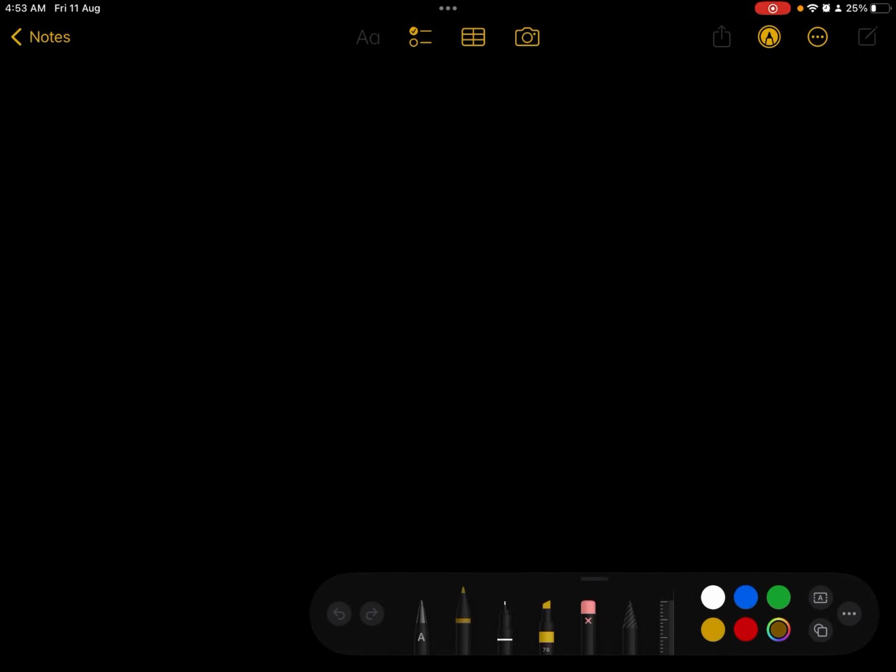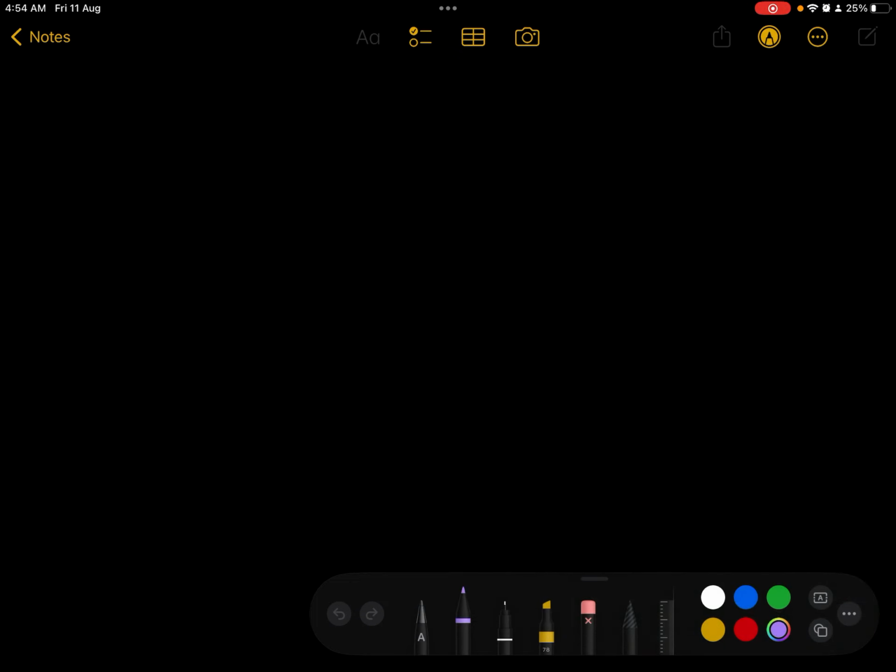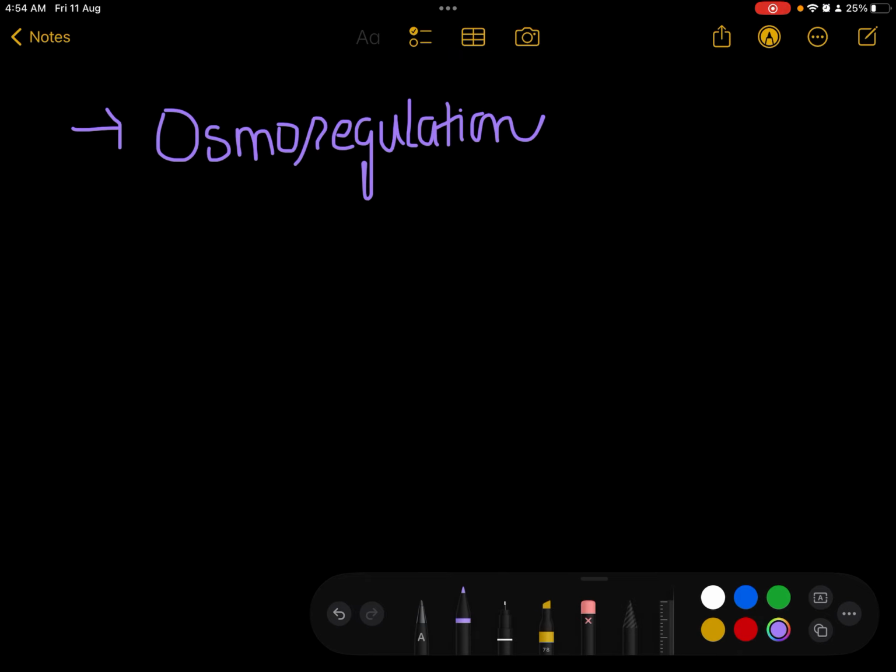So today we will discuss osmoregulation in water, right? Our topic is osmoregulation. Basically there are two types of organism.